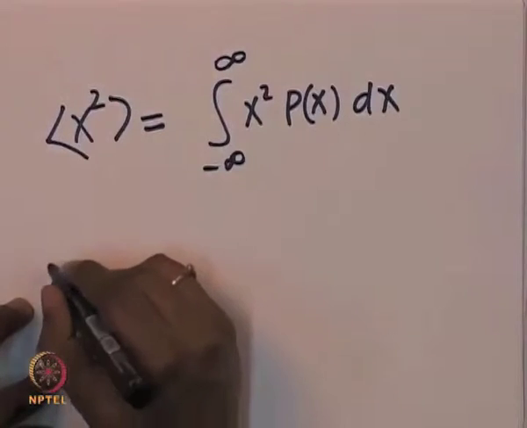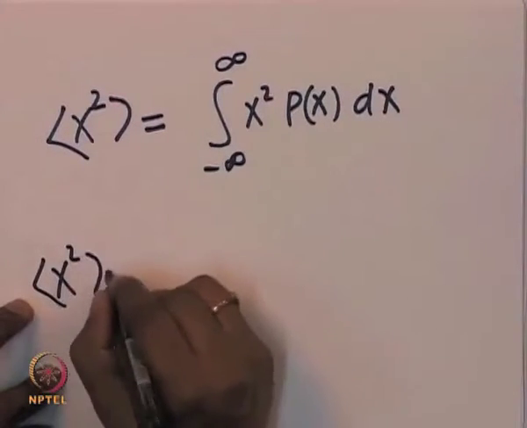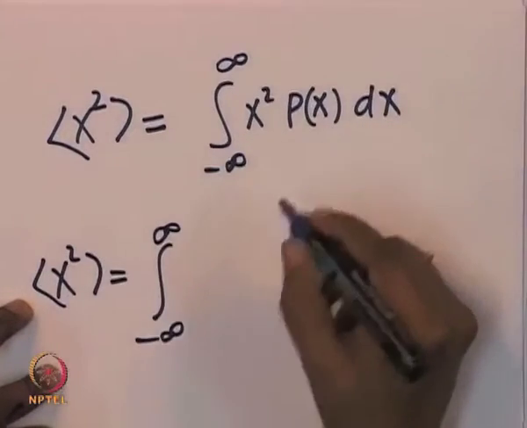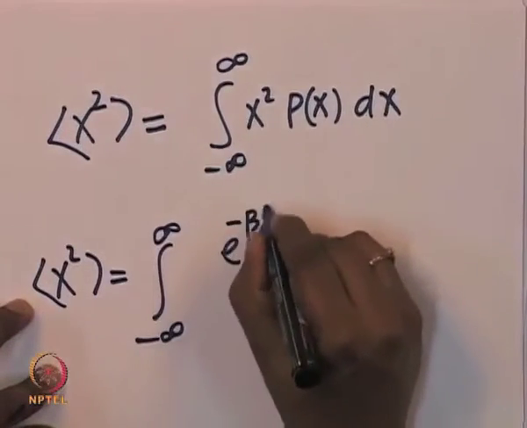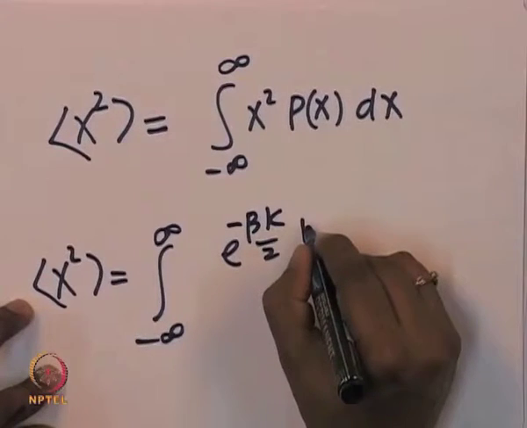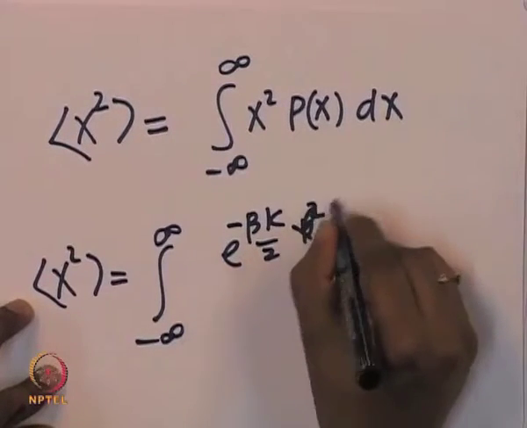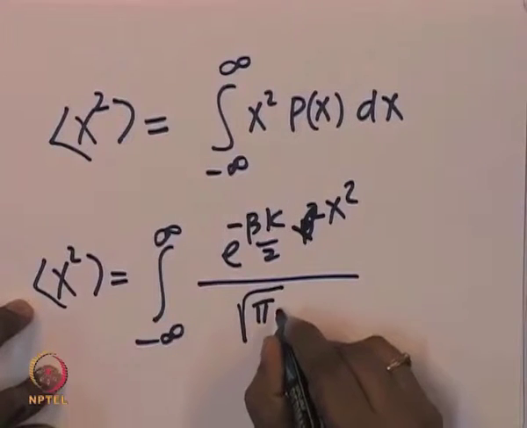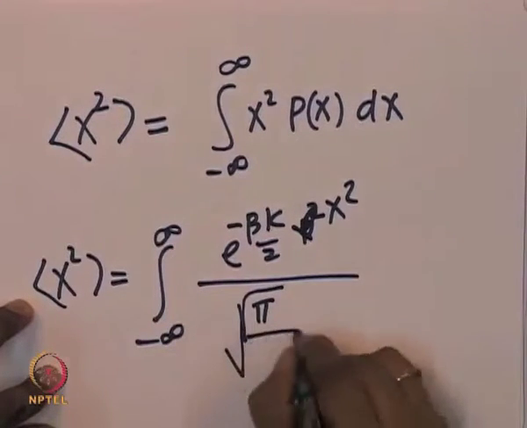So, let us calculate x square average. It is the integral from minus infinity to infinity, where p of x is e power minus beta k by 2 into x square, divided by root of pi by k tilde.